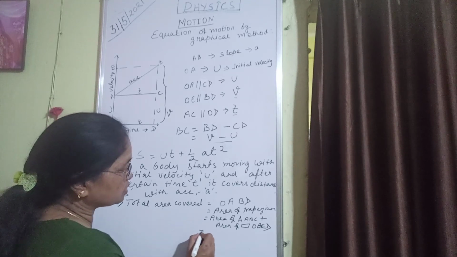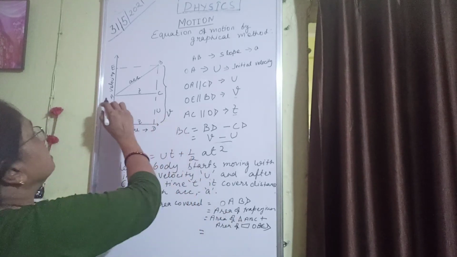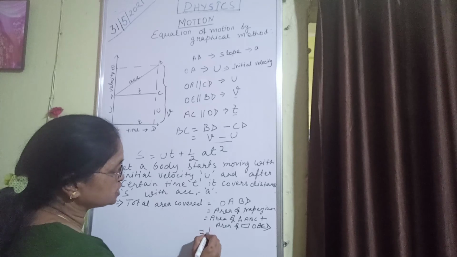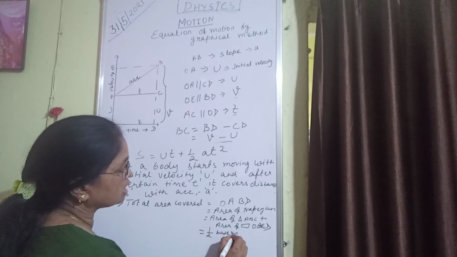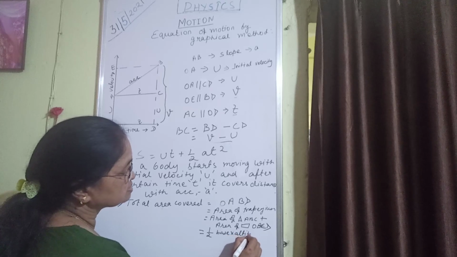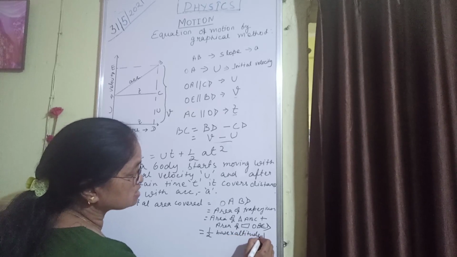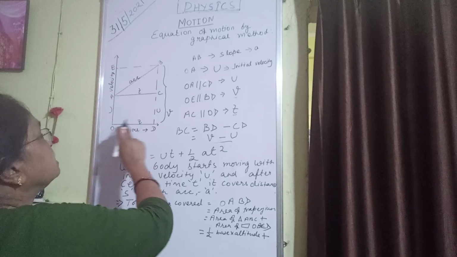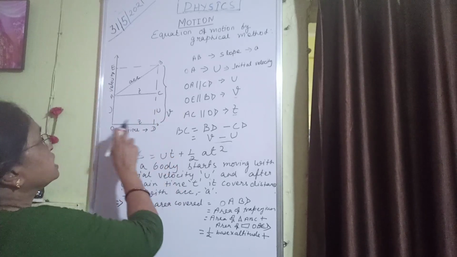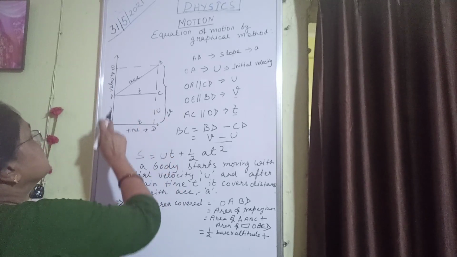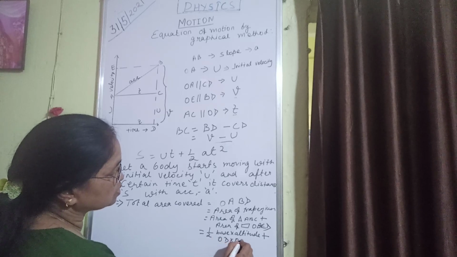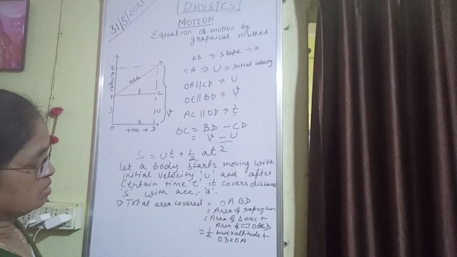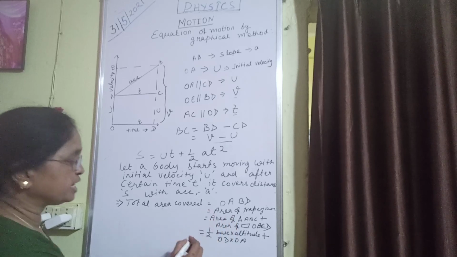Now students, you know the area of a triangle is half base into altitude, plus area of rectangle, length into breadth. Length I am writing OD and breadth OA. So OD into OA. Now how will you write this?